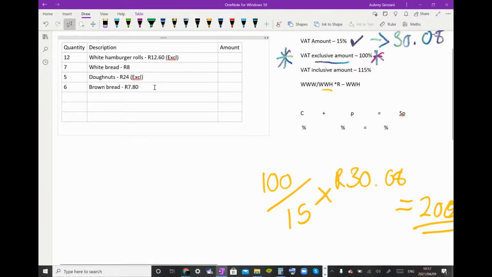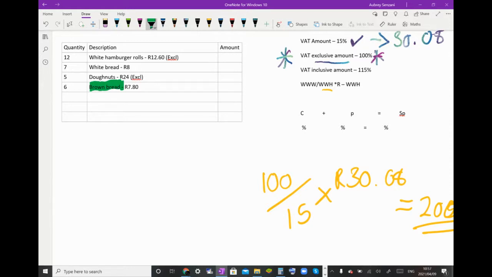Then we have brown bread, and they didn't need to tell us this, but they say 6 loaves of brown bread at 7 Rand 80 per loaf, no VAT, 0 rated. We must just remember it is 0 rated, so I'll highlight that in green.